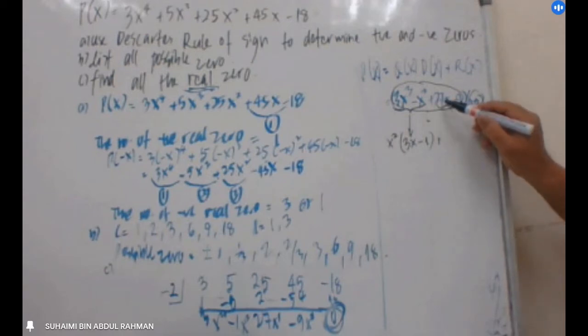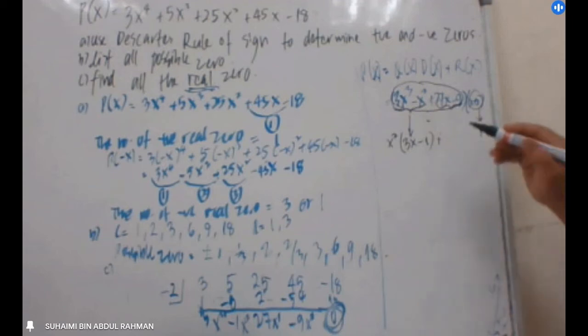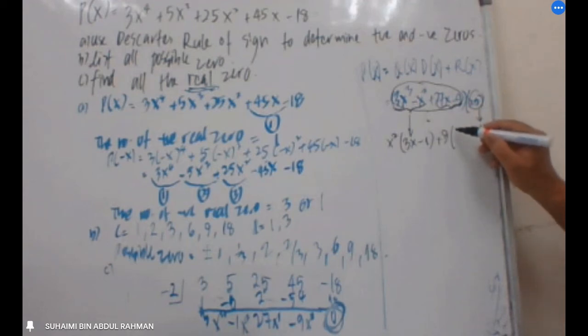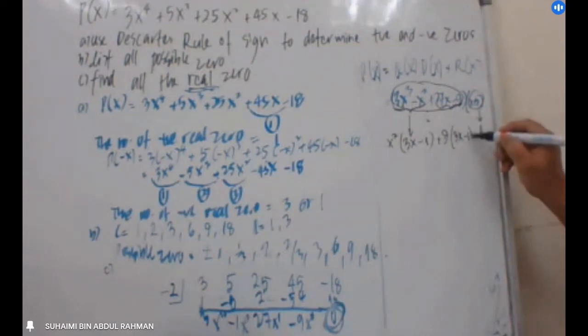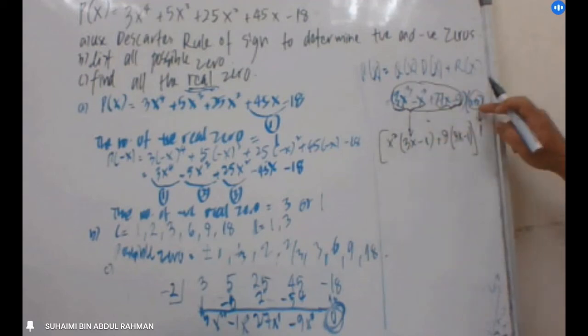Plus, we factor the other part. Two terms, 27x and minus 9. They share the number 9. To produce 27x, 9 must be multiplied by 3x. To produce minus 9, it must be multiplied by minus 1. That's how we factor this part. This part is still x plus 2.